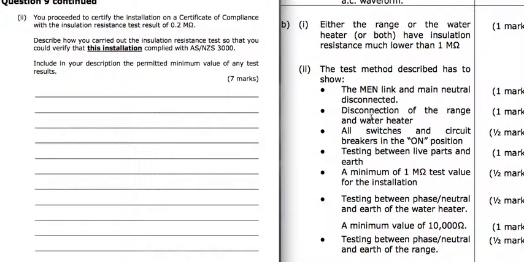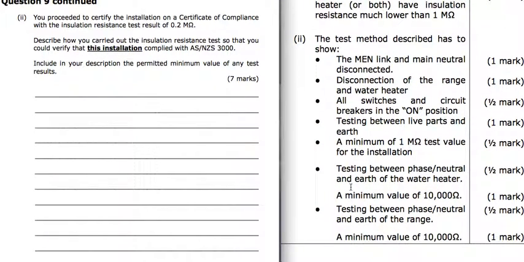We're going to disconnect the range and the water heater, put all the switches and circuit breakers to the on position, test between the live parts and earth. Now with the range and the water heater disconnected, we should get our minimum of 1 mega ohm for the installation without those. If it's still low when we've disconnected this, then we've got problems.